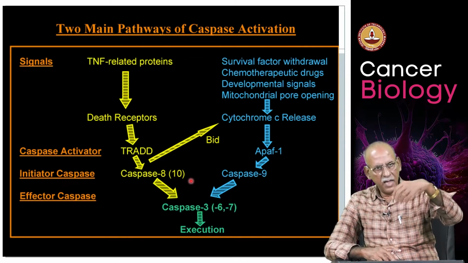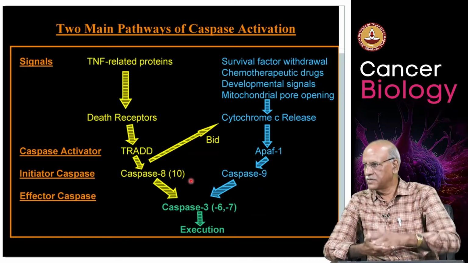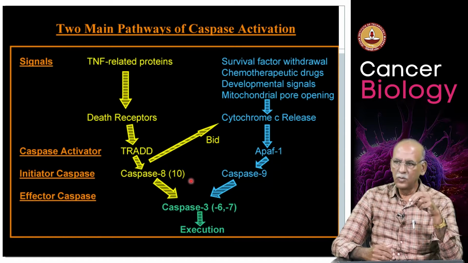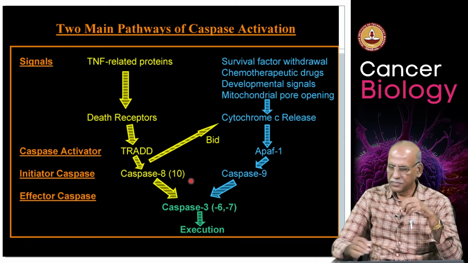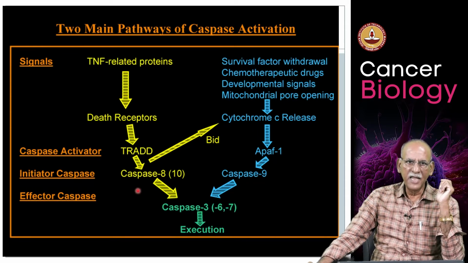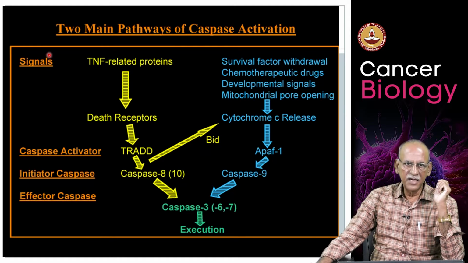There are also many death receptors, and then the signal passes through several caspases. In this case, there is what is called caspase 8. Sometimes they are called initiator caspases.